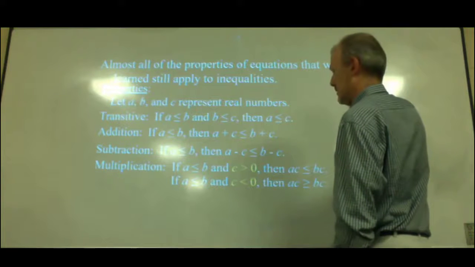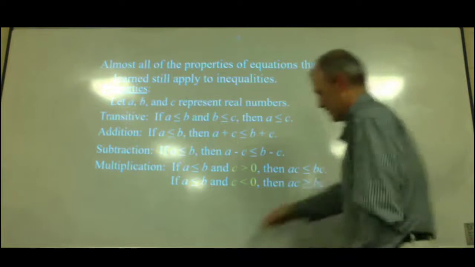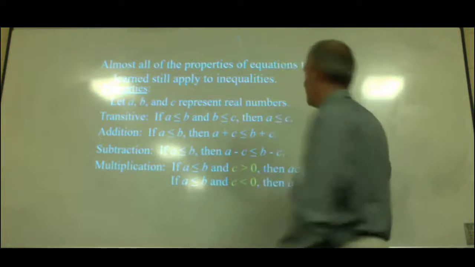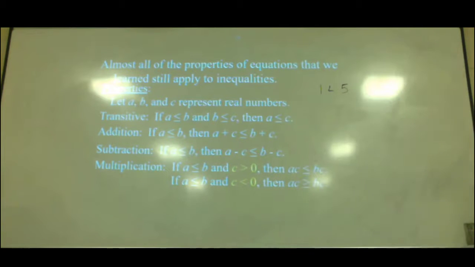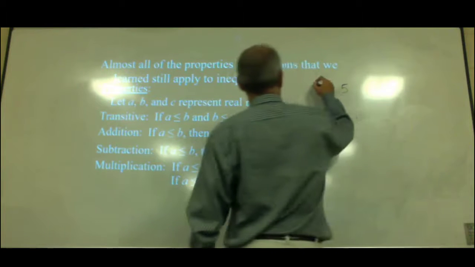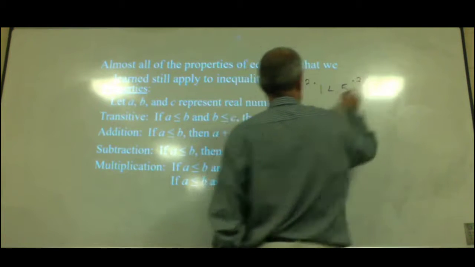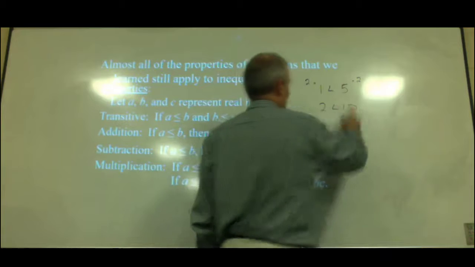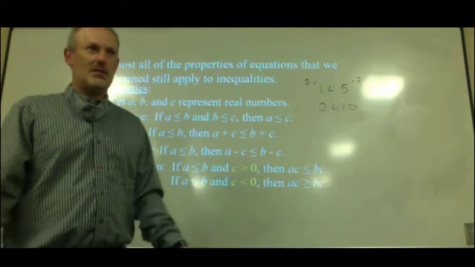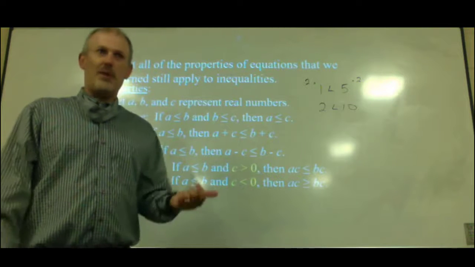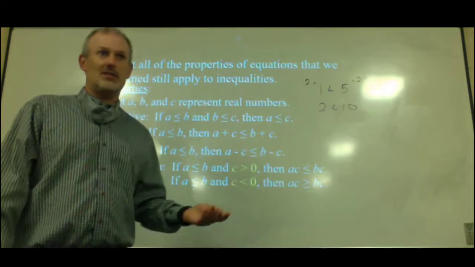We're using less than. Okay, so let me write 1 is less than 5. Everyone's okay with that, right? That's a true statement. If I multiply this side by 2 and this side by 2, and that's positive, it'd be 2 is less than 10. And is everybody still okay with that? Right? So multiplying by a positive number, the inequality does not change.